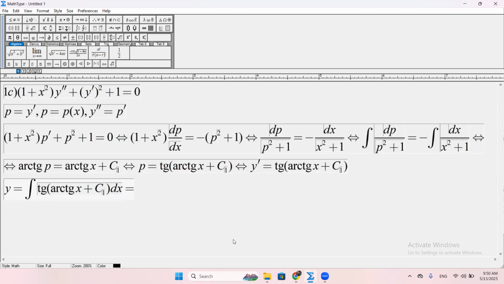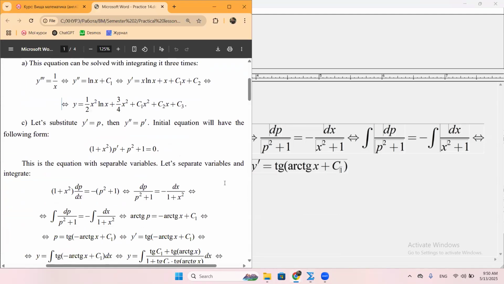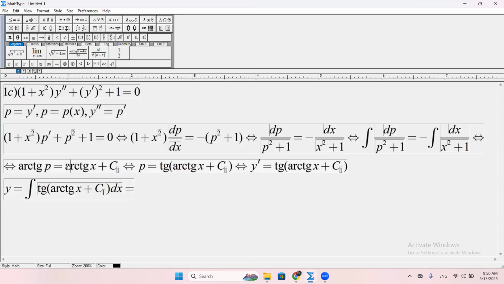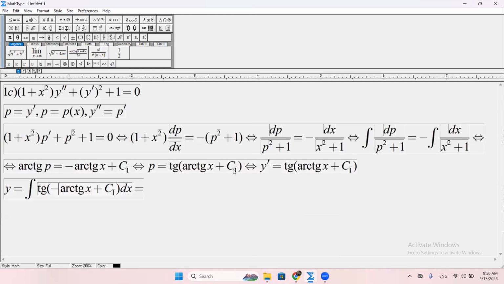Okay. So actually, I don't really remember the formula of tangent of the sum. And by the way, here is minus arctangent, and here minus as well. Okay, so tangent of the difference.